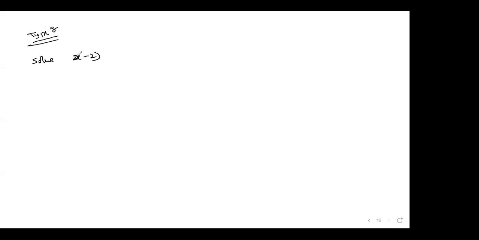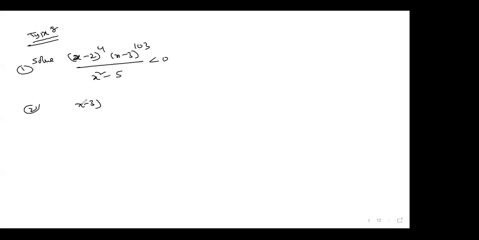So x minus 2 to the power of 4, x minus 3 to the power of 103 divided by x square minus 5 less than 0. What to do here? Be careful. Even and odd, both are involved. We should not want this one.